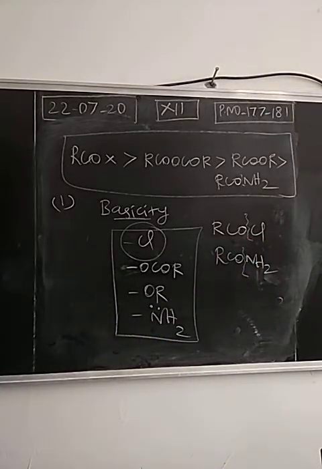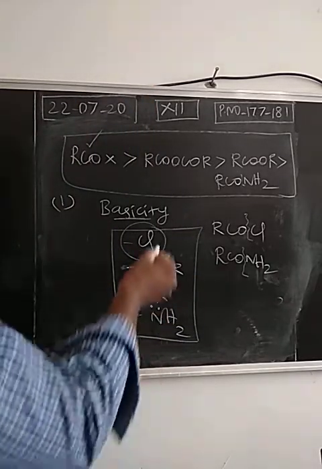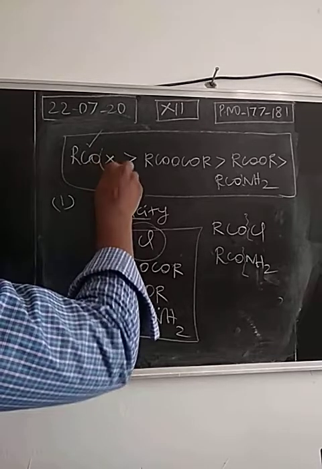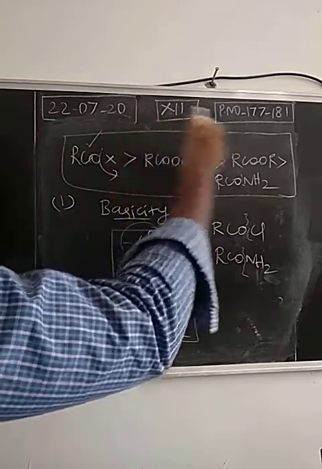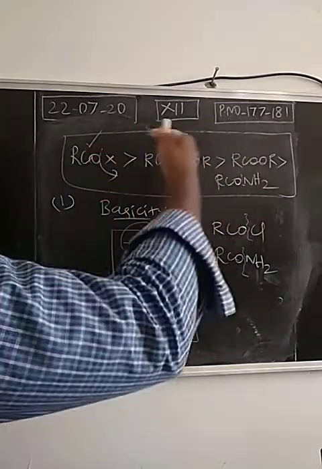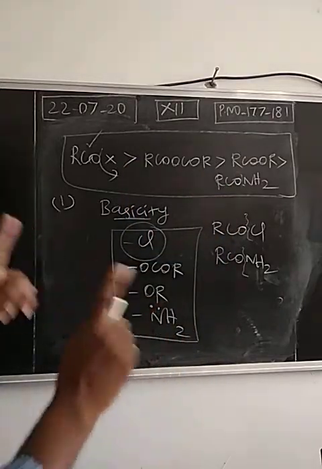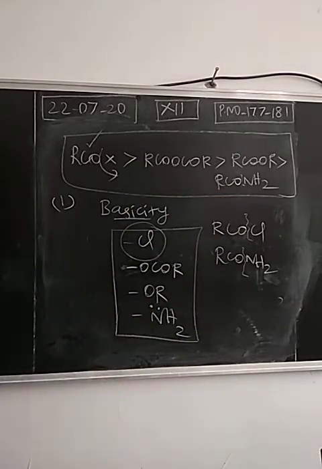So why do acid halides have more reactivity? These have the least basic nature, so leaving tendency will be more. From acid halide to amide, basicity increases, that means leaving tendency decreases. So both are opposite to each other.